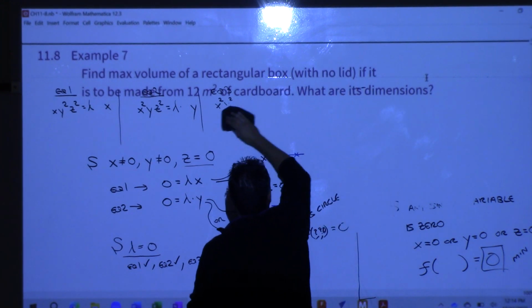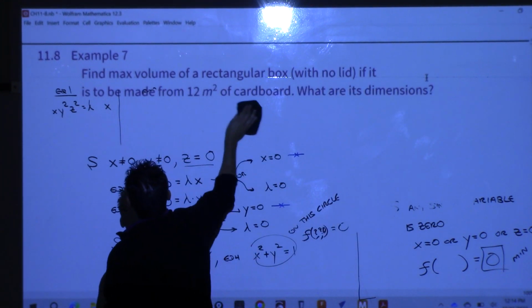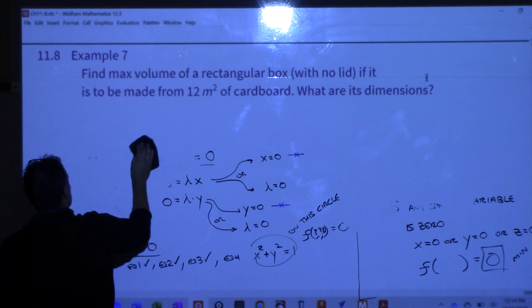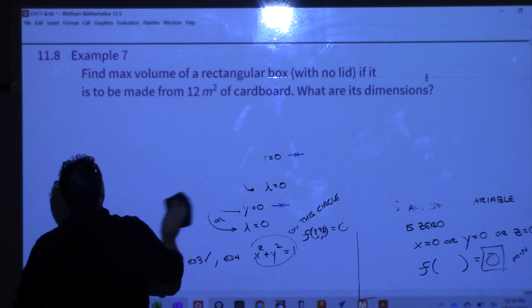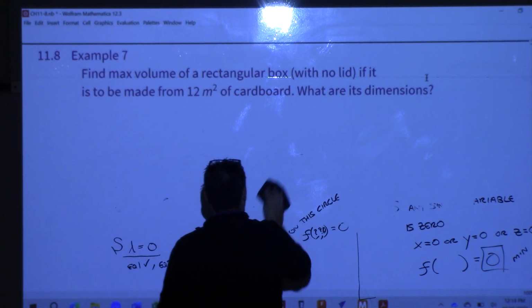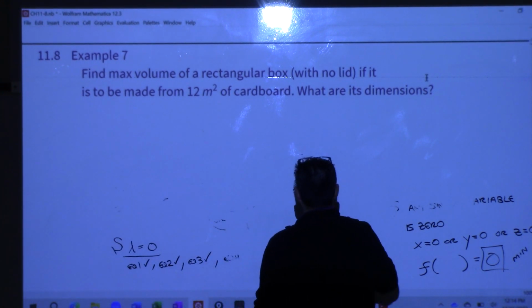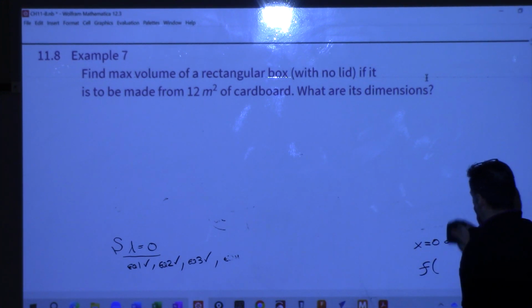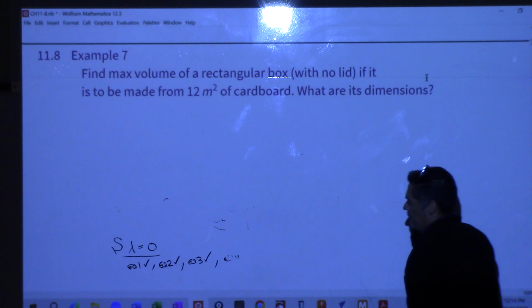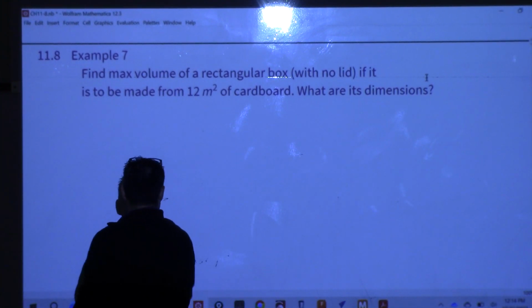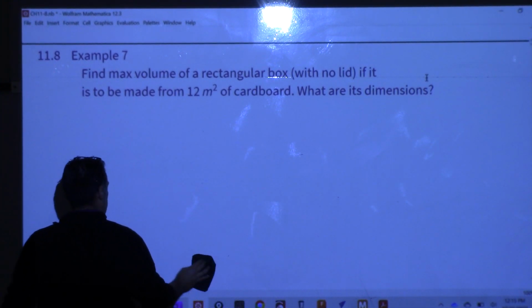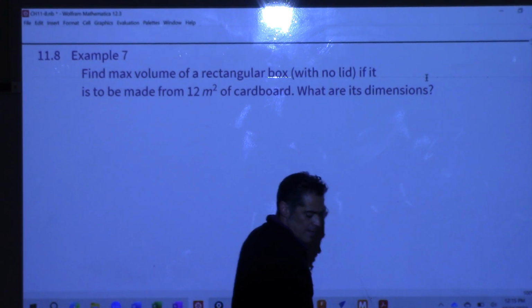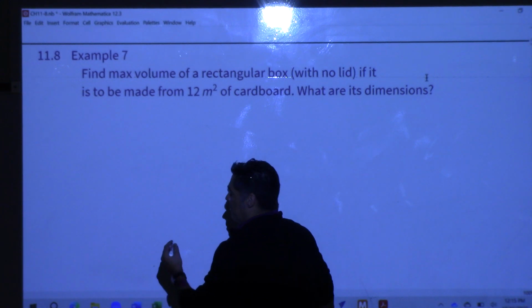Let's see. Find the maximum volume of a rectangular box that does not have a lid if it is to be made of 12 square meters of cardboard. What are its dimensions? So the idea here, I have to draw a picture that goes with this.